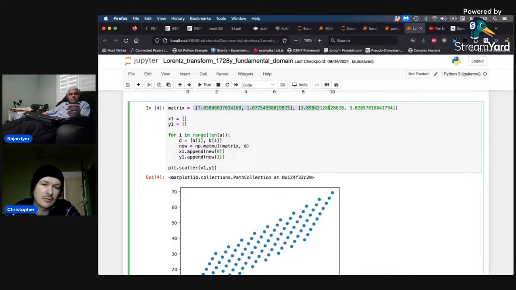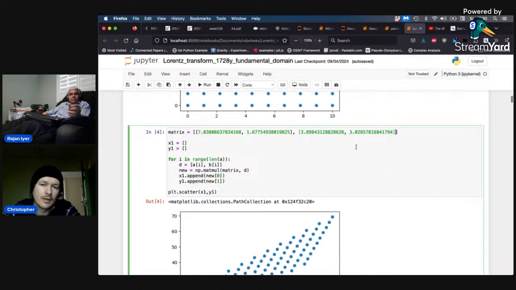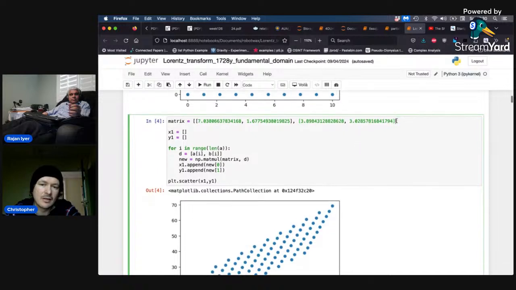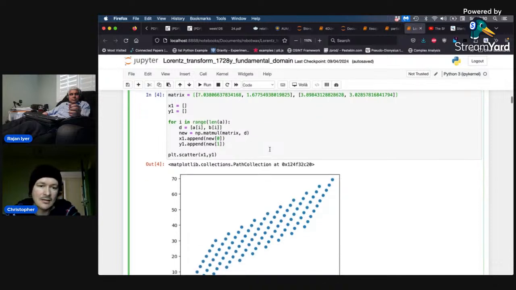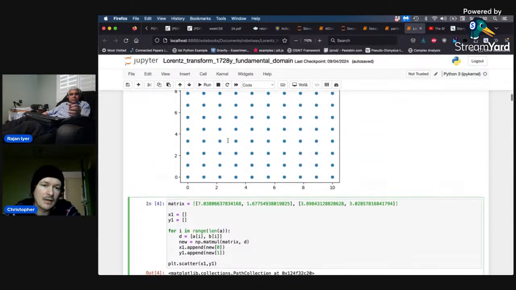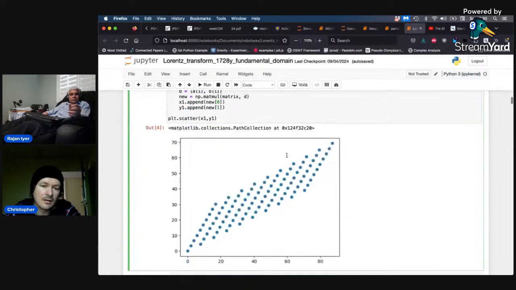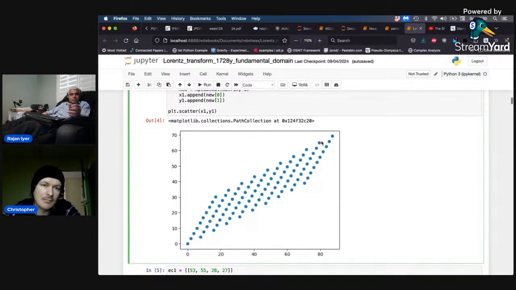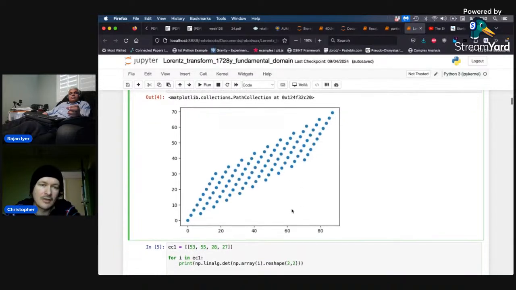So we have the matrix, which are the basis vectors of the lattice, but transformed so that these are like the complex version of the inner radius, the tube radius, and the radius of the torus that can be built out of the lattice. And when we multiply a grid system by that, you get this. It's the same periodic lattice that we saw earlier, but it's skewed, so it's shifted.